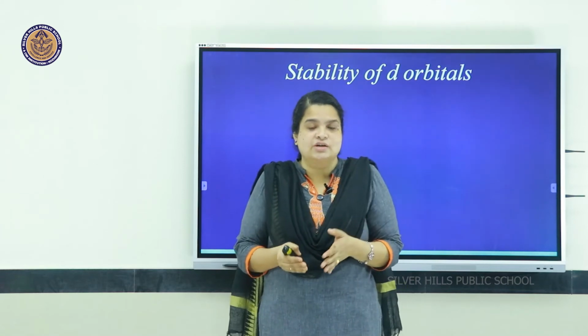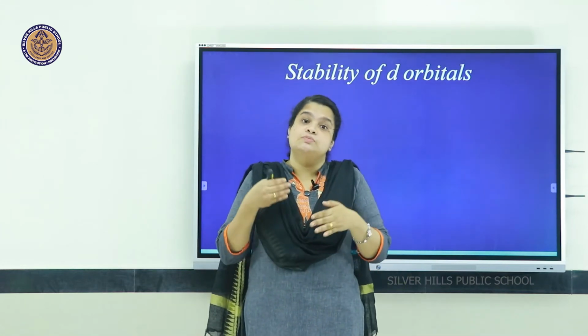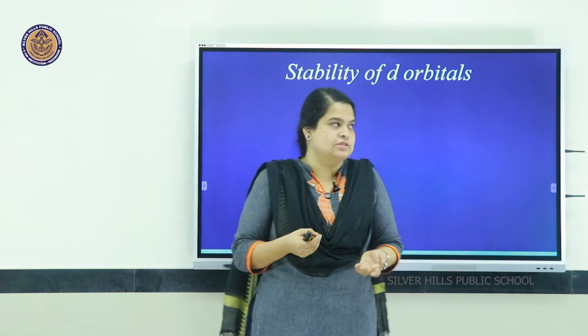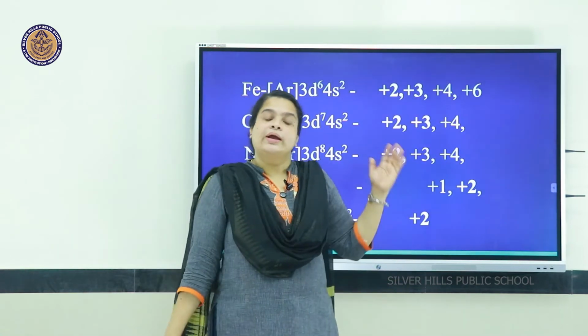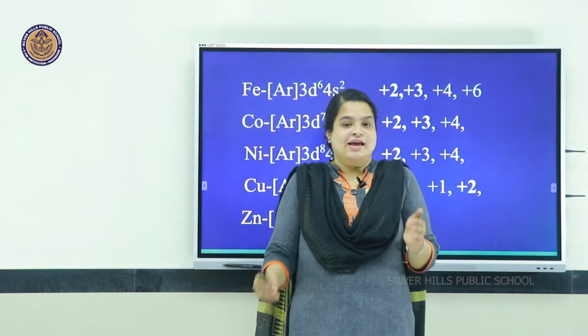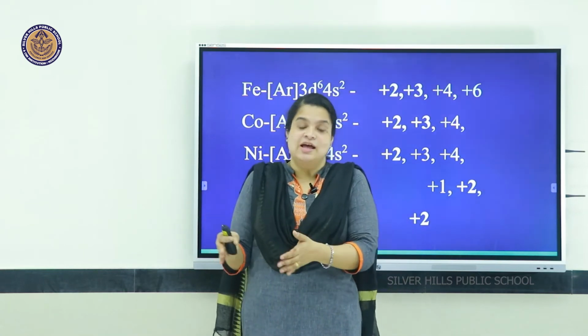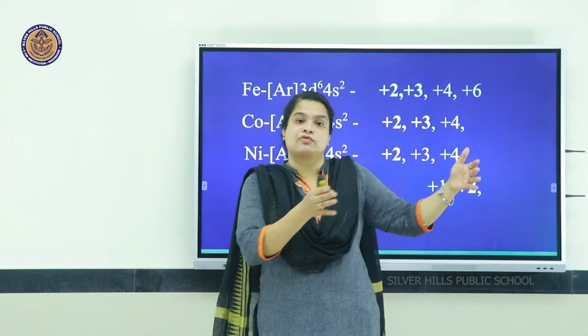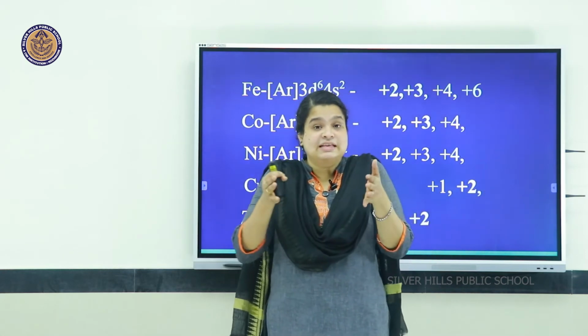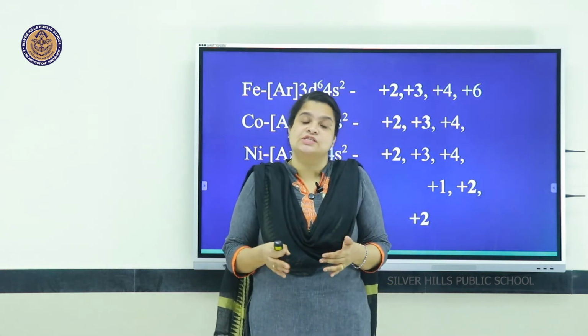But at the center, you see more because there are more unpaired electrons. In the oxidation state, on one side the number of oxidation states is lesser, and on the other side also lesser. But at the center part, the number of oxidation states is more.